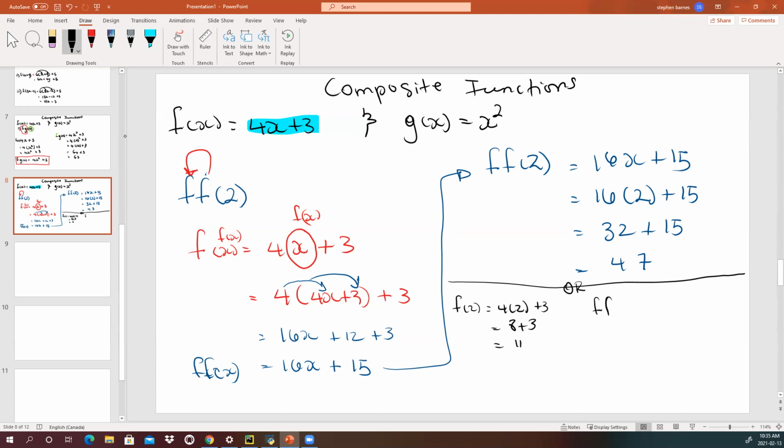So f of f of 2 is 4x plus 3, equal to 4 times 11 plus 3, equals 44 plus 3, equals 47.